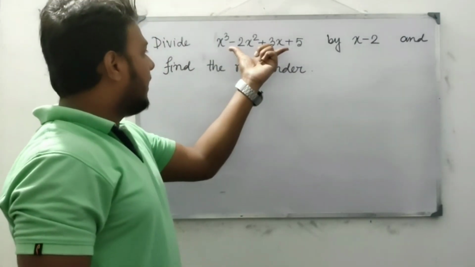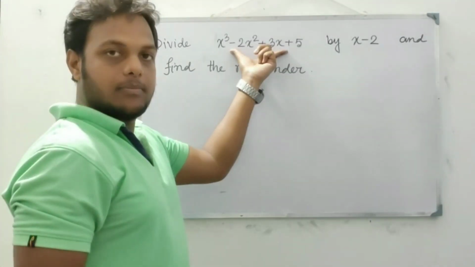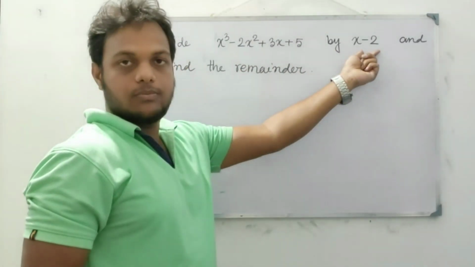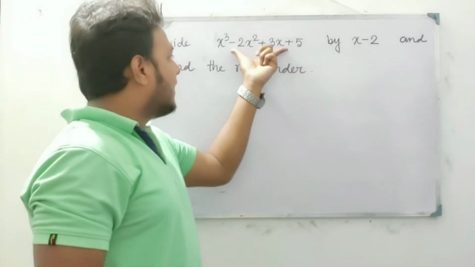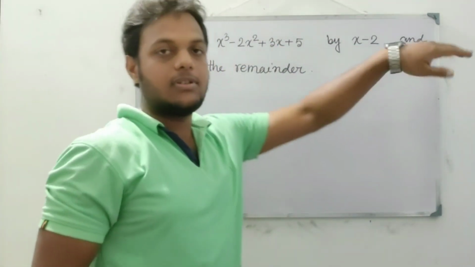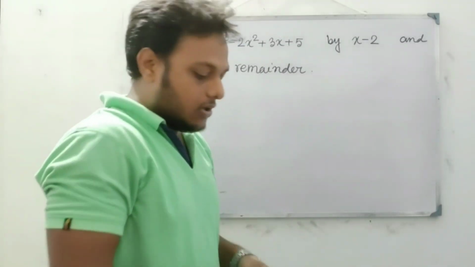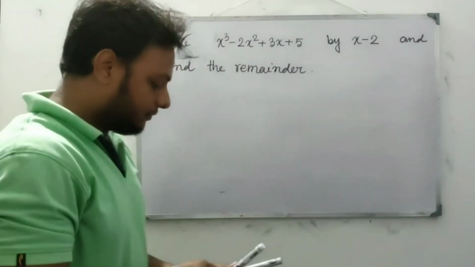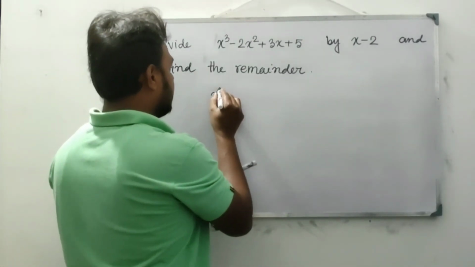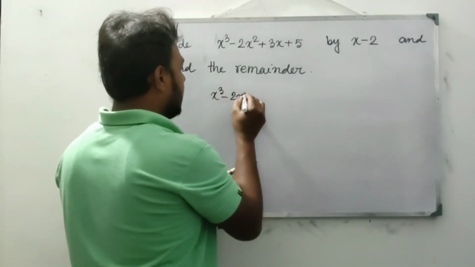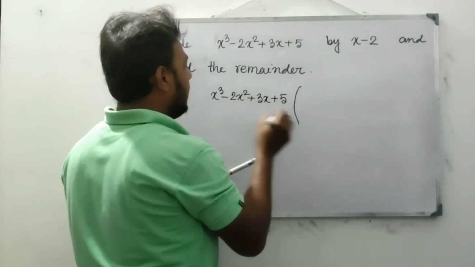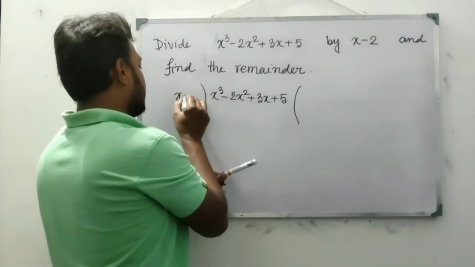So you have to divide it by x minus 2. This is an algebraic expression and a polynomial also, and this is also an algebraic expression and a polynomial also. If we divide it, then what was the process? We have to divide x cube minus 2x square plus 3x plus 5 by x minus 2.